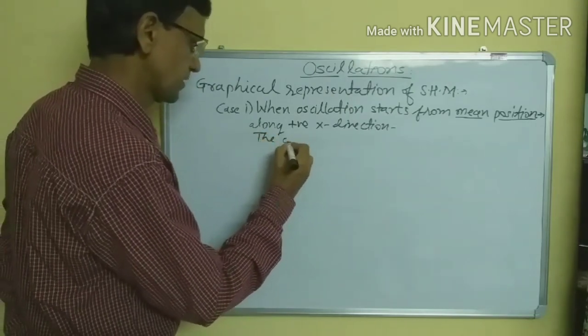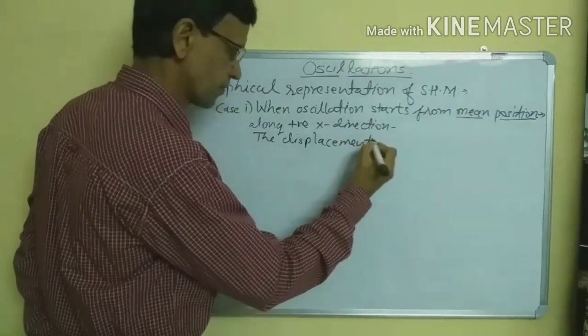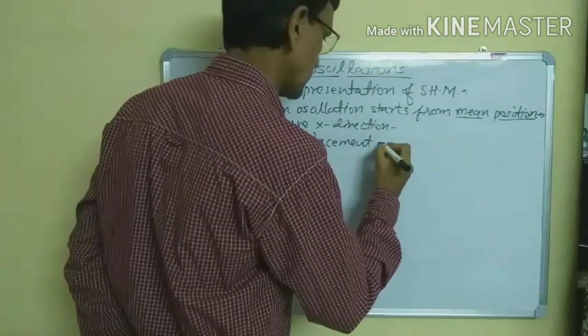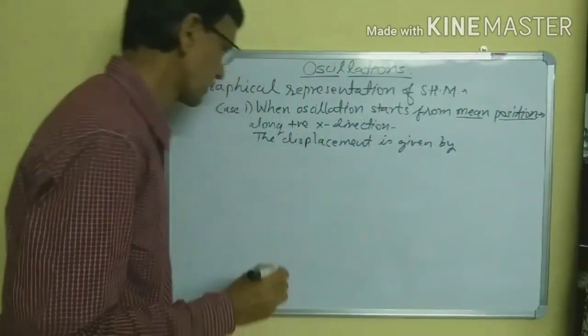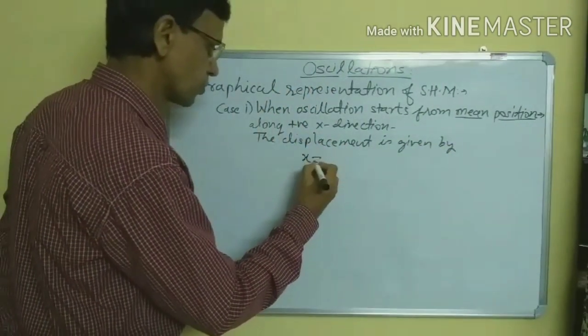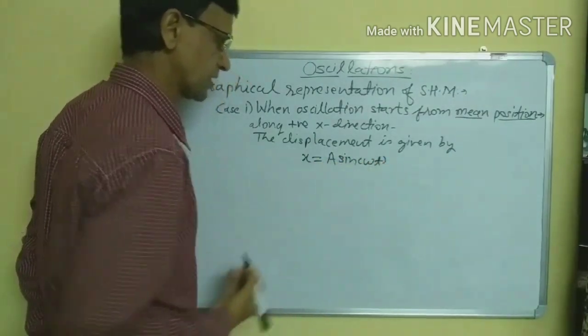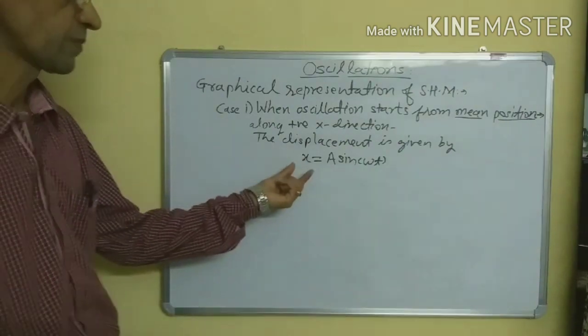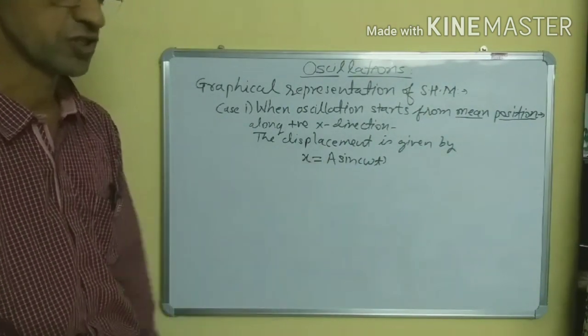The displacement in this case is given by x equals a sin omega t. This is the expression for displacement of a particle when oscillation starts from the mean position.